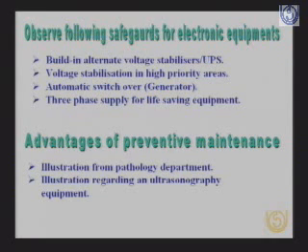Similarly, we should have heavy duty UPS to give us a constant uninterrupted power supply, voltage stabilization, and then we should have a 3-grid supply. In case one grid fails, we can switch over to the second, third, so that we have continued supply without any fluctuations or changes.